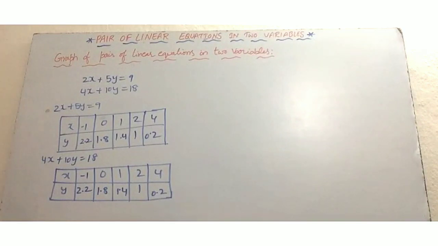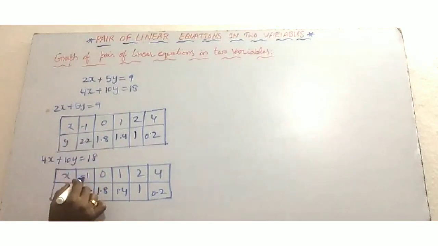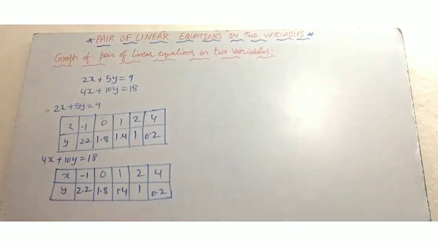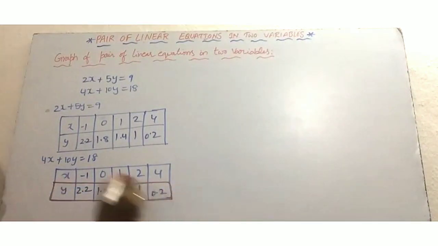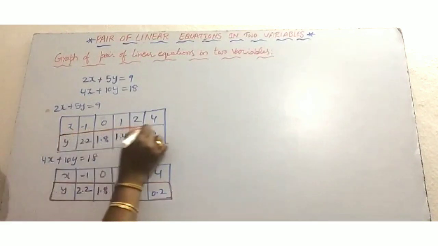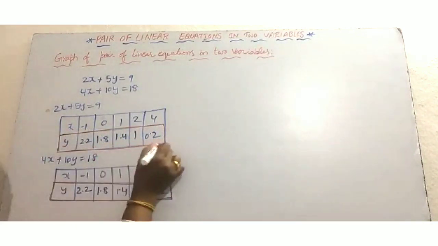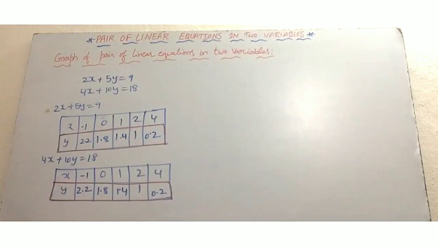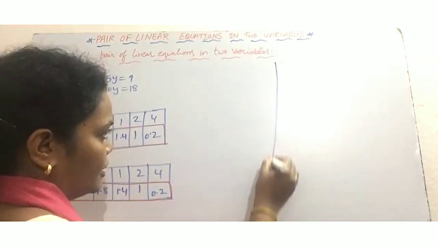So here we observe, if I take x values as minus 1, in both the equations the y values are same. So now we will draw the graph of these linear equations.